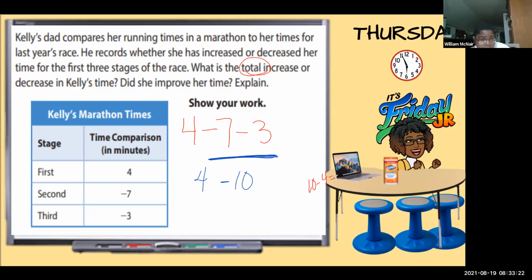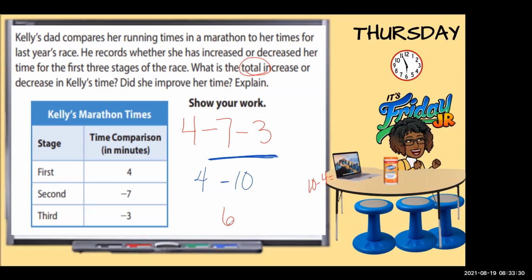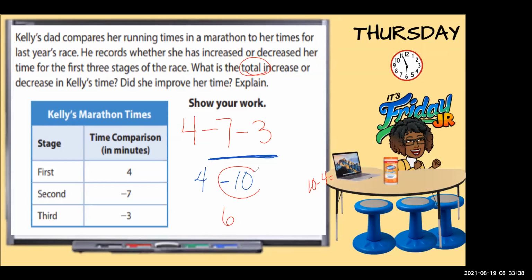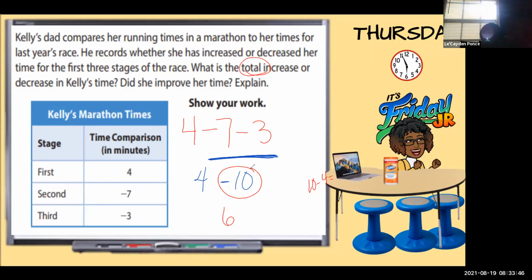6. Good job. And then we ask ourselves, which was the larger number, 4 or 10? 10. On a standard number line, 10 is greater than 4. So then we ask ourselves, what sign is with 10?